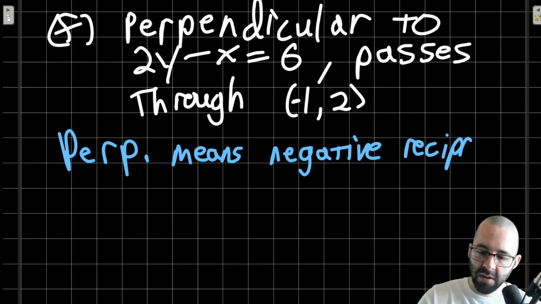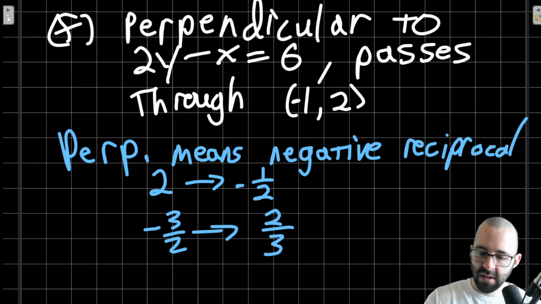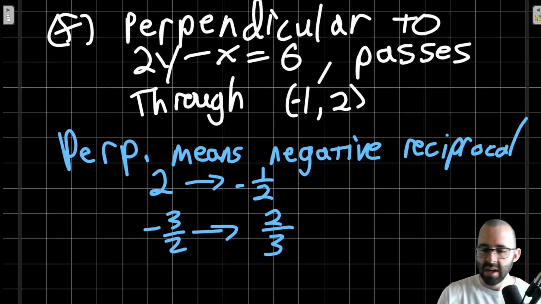All right, so for example, if we have 2, the reciprocal of 2 is 1/2, and we make it negative. If we have negative 3/2, the reciprocal of 3/2 is 2/3. The negative of a negative is positive. So this is what it means, negative reciprocal. Okay, so first, again, we have to find the slope of this original line. And then we're going to find the negative reciprocal to find the slope of our line.